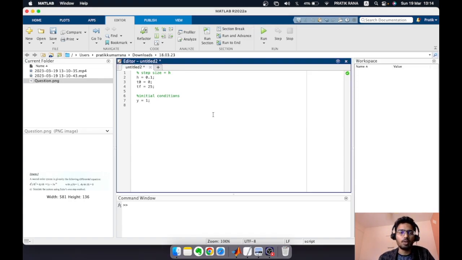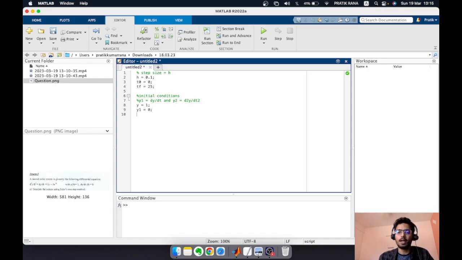I'll follow a notation here where I'll denote dy by dt as y1. So y1 is 0. I'll also mention that in the comments. I'm assuming that y1 is dy by dt, and y2 similarly will be dy1 by dt or d2y by dt square. So these are the initial conditions that we have.